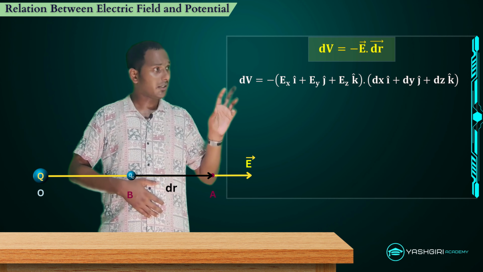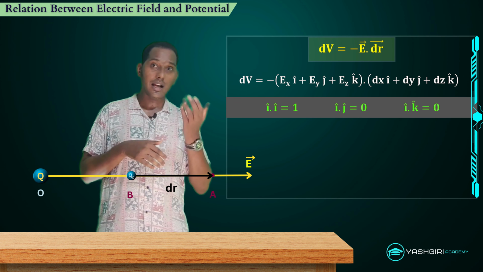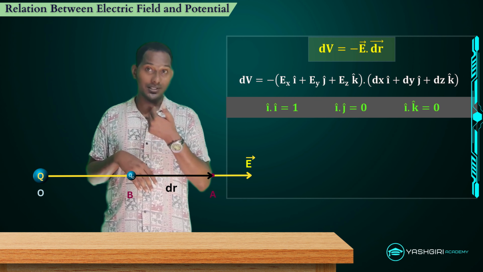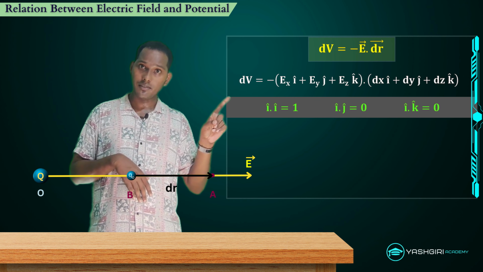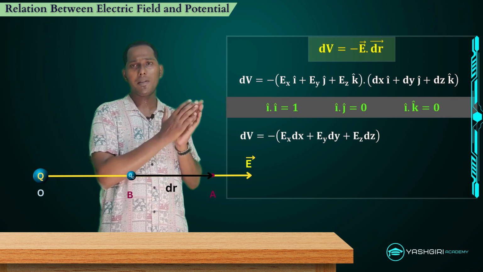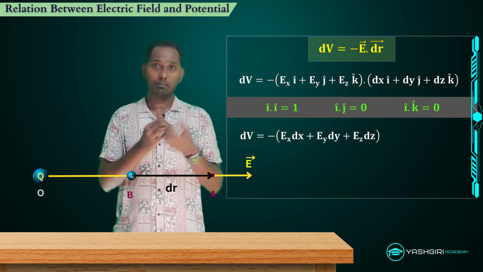And when you take their dot products, we know that i cap dot i cap will give 1, i cap dot j cap will give 0, and even i cap dot k cap will give you 0. So when you open up these brackets, what you will have here is minus, and inside the bracket, Ex dx plus Ey dy plus Ez dz.